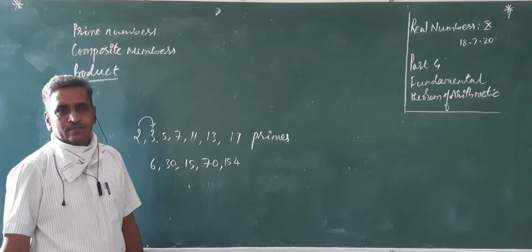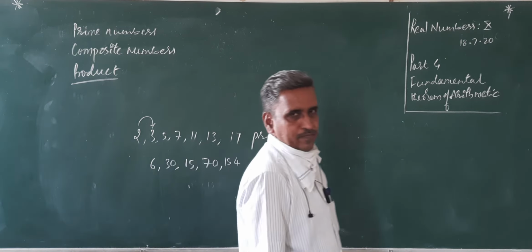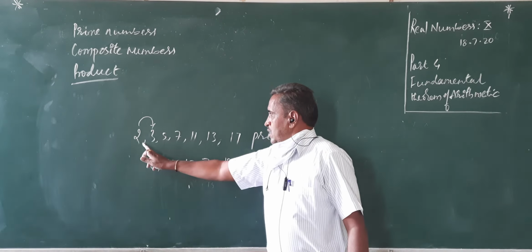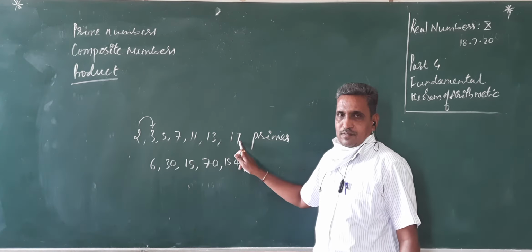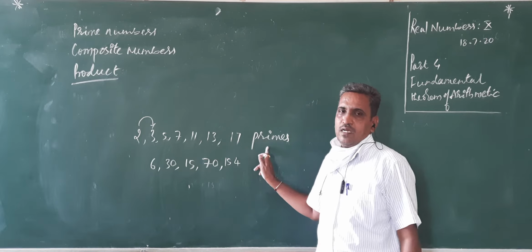Understand? 2, 3, 5, 7, 11, 13, 17 are primes, I am saying.